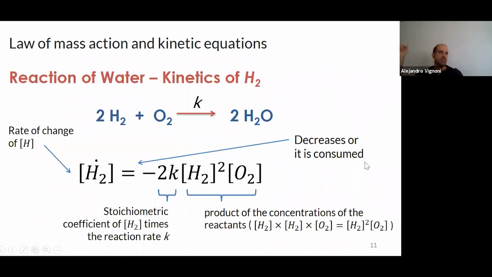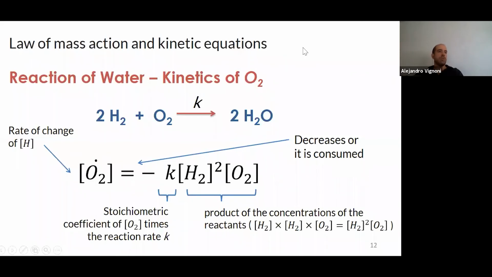Okay, that's fairly easy. If we go to oxygen and look at the equation for how oxygen is changing, it has the same form as the previous one. Again, the product of the concentrations of the reactants, hydrogen, hydrogen, that's why the square is here, because we have 2 hydrogens there, and oxygen, and the rate, the speed at which the reaction is happening.